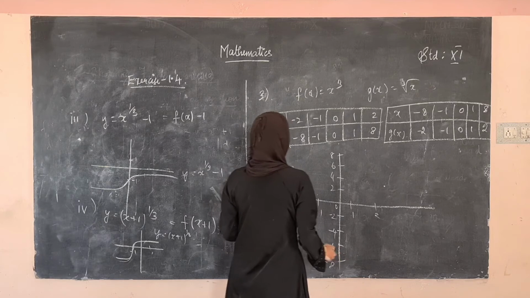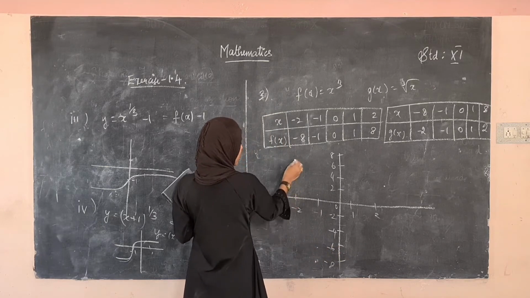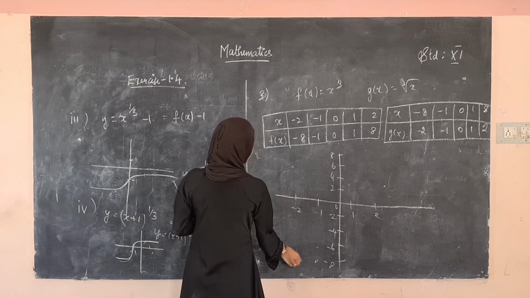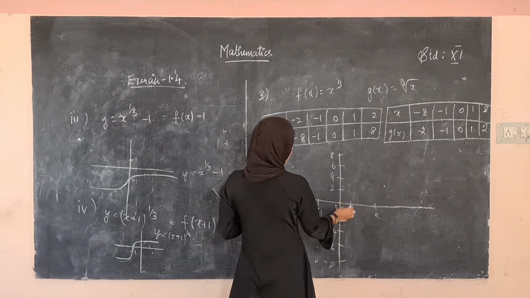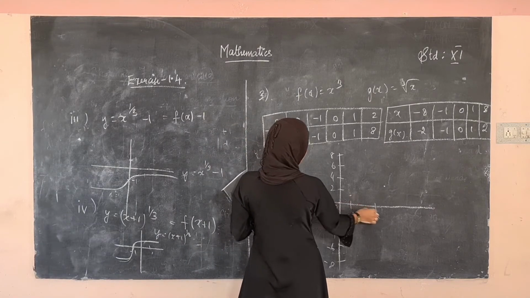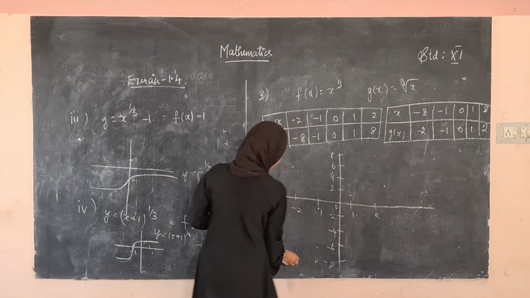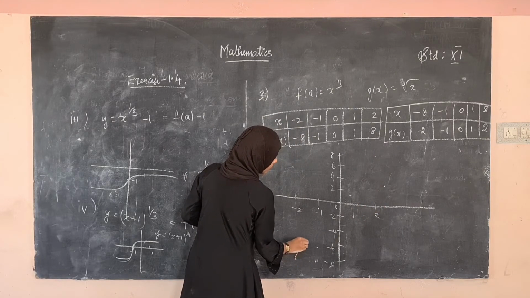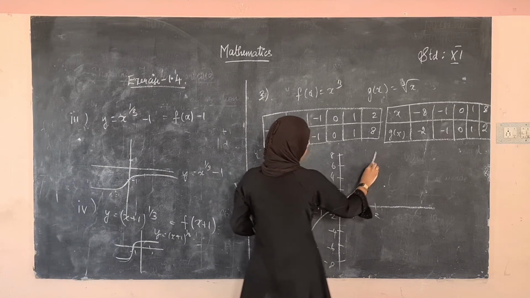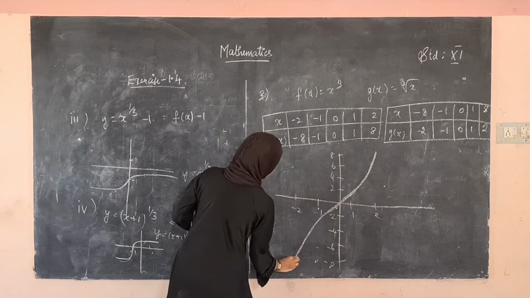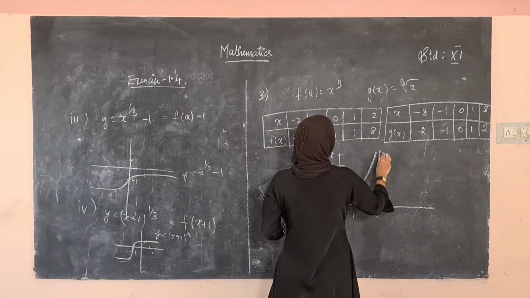First this one. For minus 2, it is minus 8. And for minus 1 it is minus 1, and for 0 it is 0, for 1 it is 1, and for 2 it is 8. So the graph is like this, right? So this is the graph of f of x.